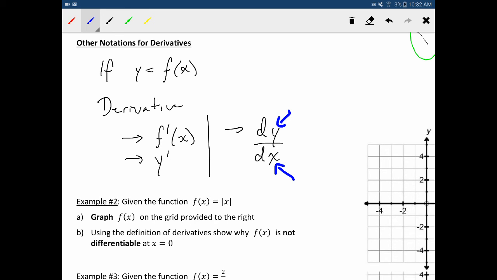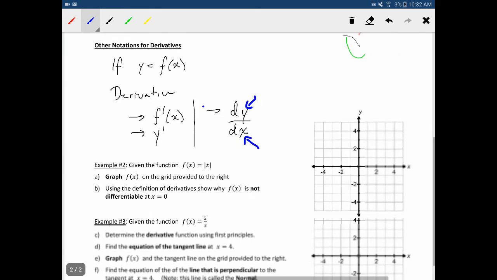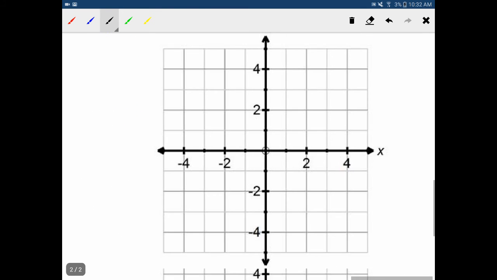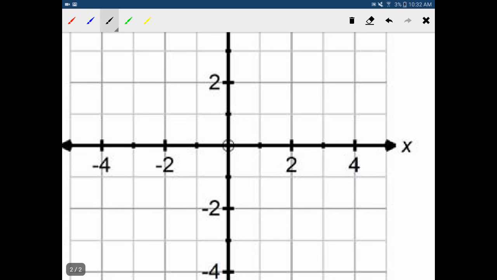Okay? All right, so we're going to take a look at this example here where we have the absolute value function. The first thing we're going to do is graph it. So, the absolute value of x, we're going to go like that, and like that.